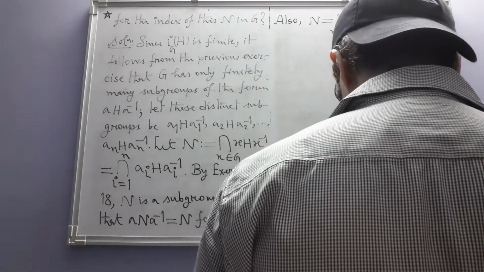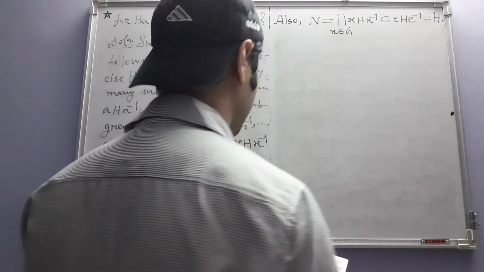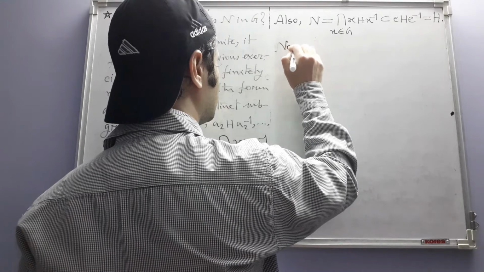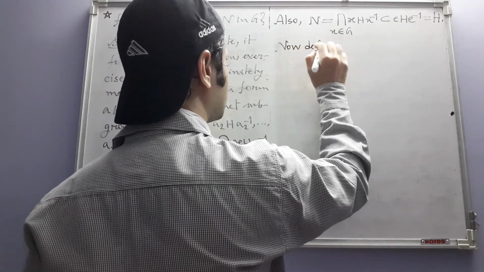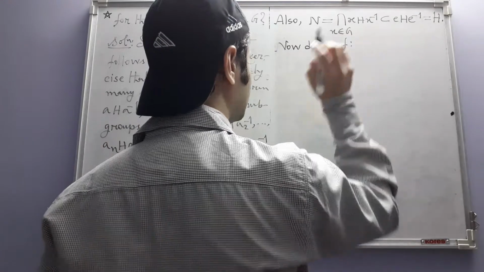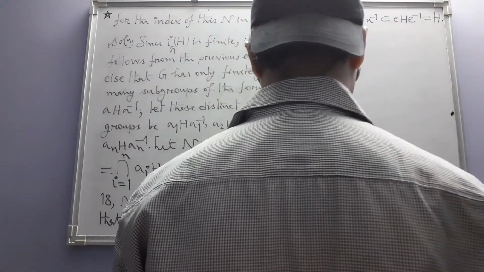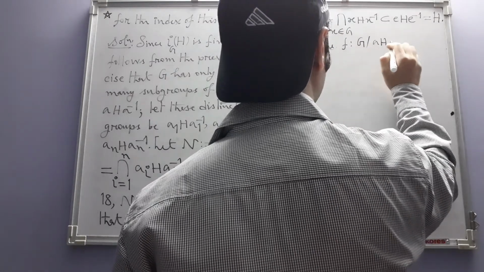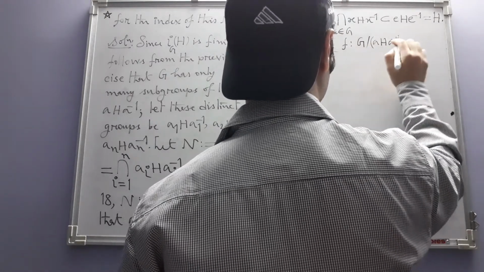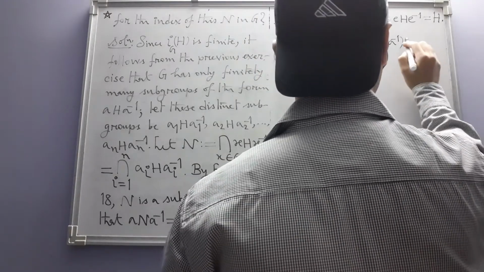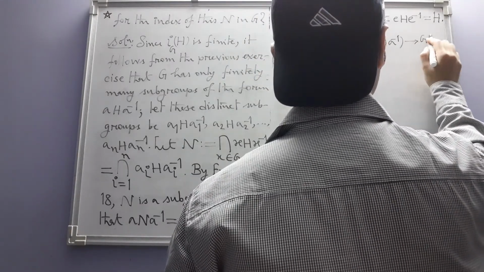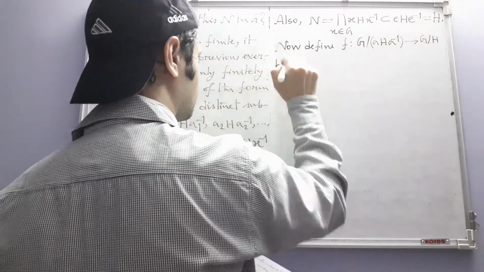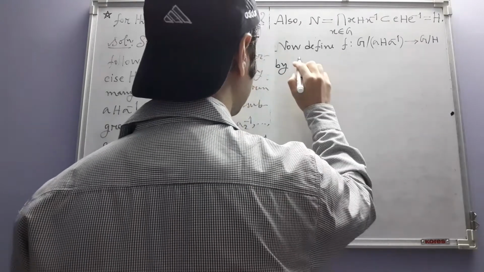For that purpose, we are going to define a map. Now, define a map F from the set of all right cosets of AHA inverse to the set of all right cosets of H by this formula.